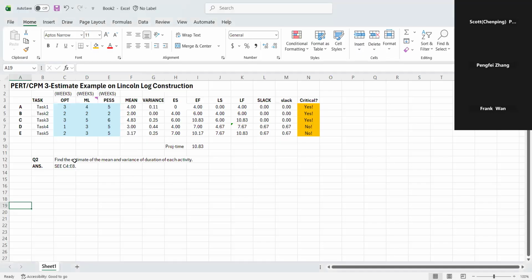Find the estimate or mean and variance of duration of each activity. The answer is C4 to E8. That is this block. Oh, sorry, it's from here to here. So I should change it, from F4 to G8. Okay, so let me change it.